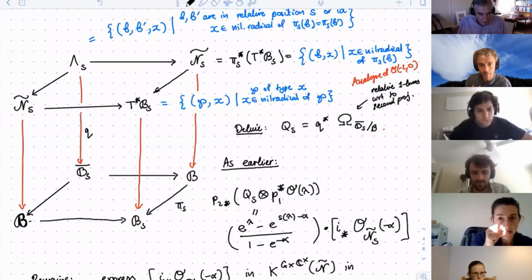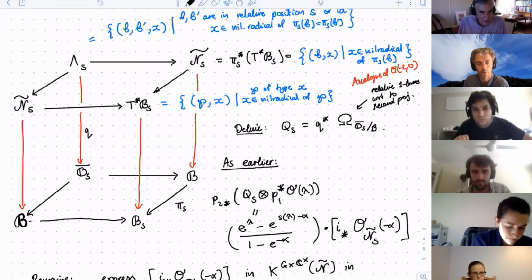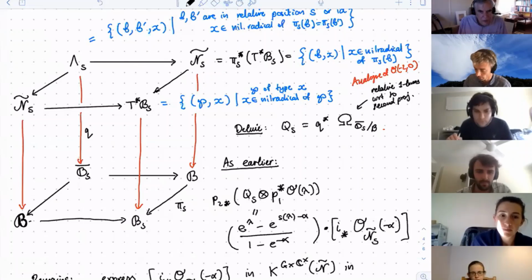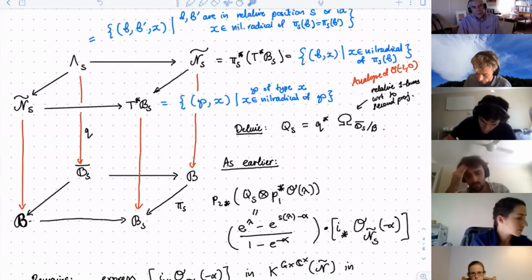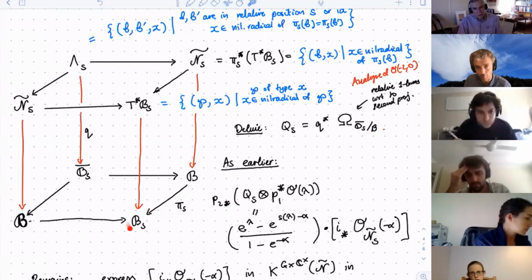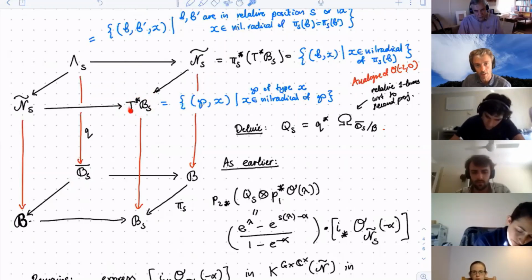Okay, so it's just nice to think, just for fun, what would this diagram be for SL2? So these spaces are of course P1, and this space is the variety of Borel subalgebras of type S, but there's only one, namely SL2. So this is a point, and this is P1 times P1. This is the cotangent variety of a point, so it's a point.